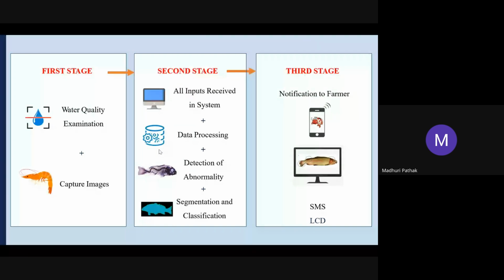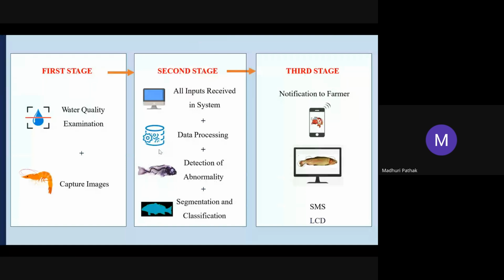In the second stage, all inputs are received in the system, then data will be processed and any abnormality detected. Because if any disease is there, suppose white spot disease, or white disease, or black spot disease, brown gill disease. All the diseases are related to symptoms.